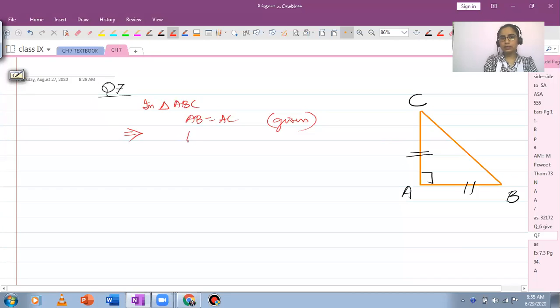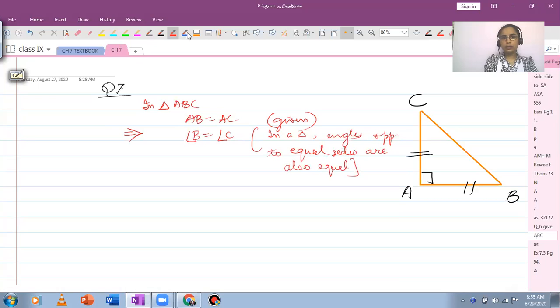So this implies angle B equals angle C. And you can give the reason here that in a triangle, angles opposite to equal sides are equal. I'm going to assign them the same value here. So let's just say let angle B and C each have a measure x degrees.